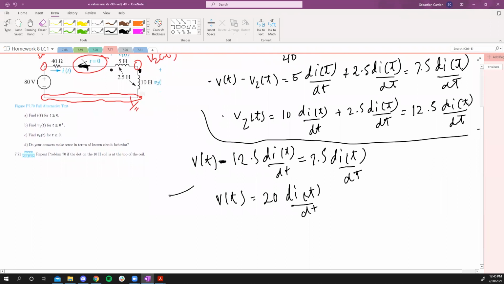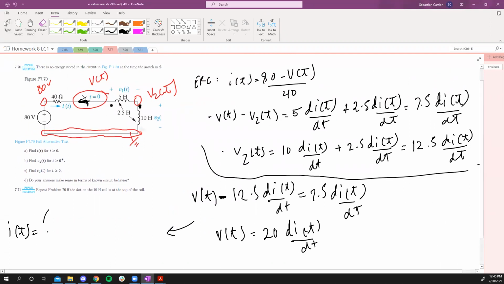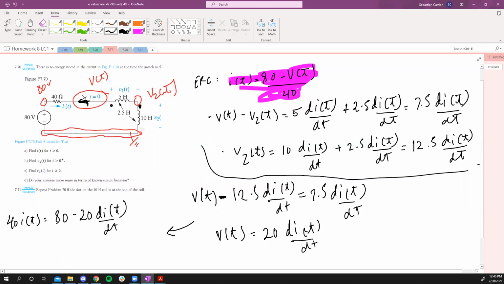So then we can go ahead. Using this equation, 40 IT equals 80 minus 20 dIT over dt.